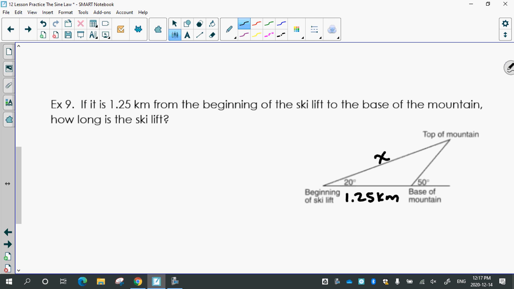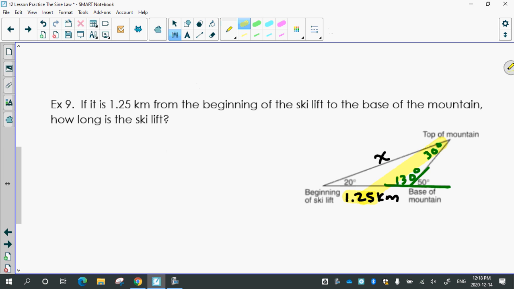No, but I can use that straight angle thing again, right? If this is 50, then we know that's 130, because it has to add up to 180. And if I subtract from 180, I get 30 up at the top. Everybody good there? So now I do have this side, and its opposite angle is 30.